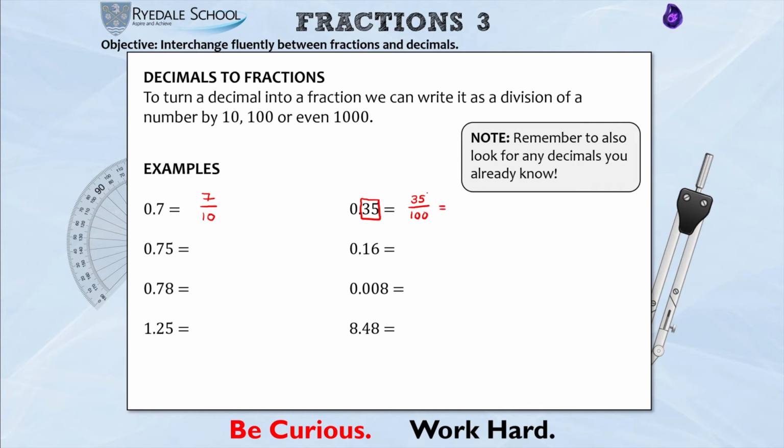However, that fraction can cancel down because we can divide the top and bottom by 5, making it 7 over 20. 0.75. Don't start messing around with this if it's one that we already know. We know that 0.75 is 3/4.